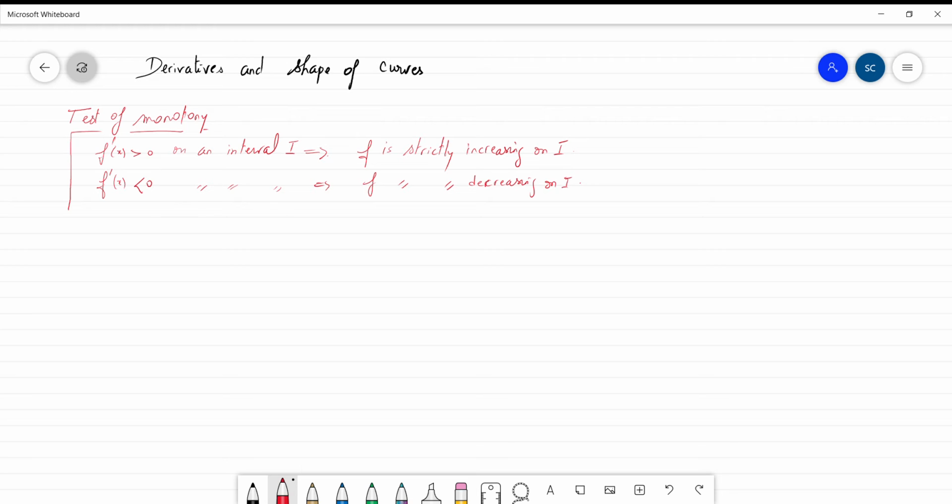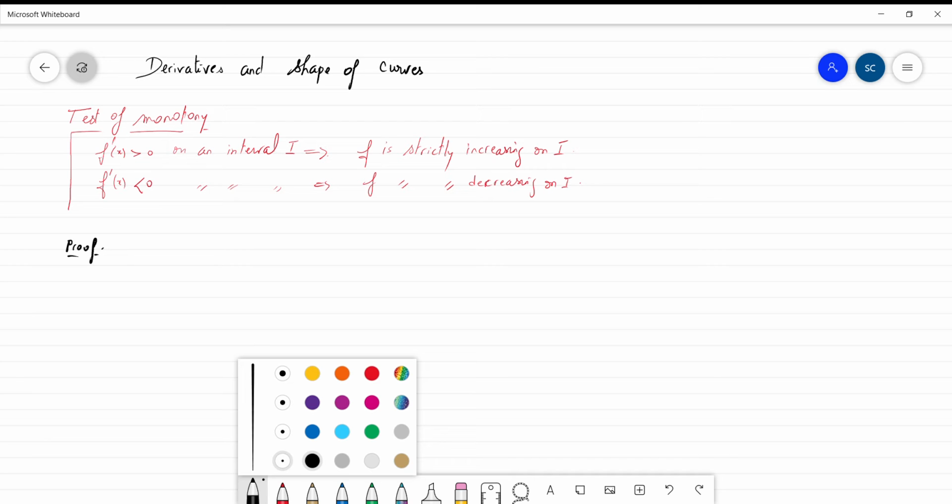Yes, the proof now is important. We will give it because it is based on the mean value theorem. Here we will see how it is involved.